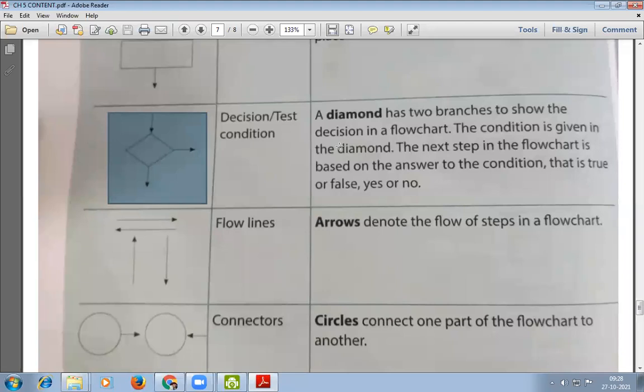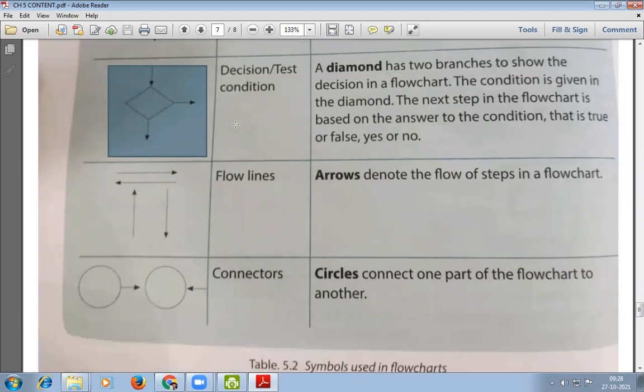The next step in the flowchart is based on the answer to the condition, that is true or false, yes or no. So this symbol is known as decision or test condition. It is represented as a diamond with two branches to show the decision in a flowchart. Yes or no, true or false, because every statement has two directions.